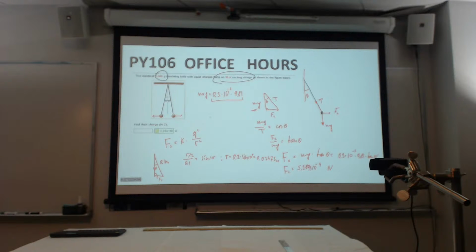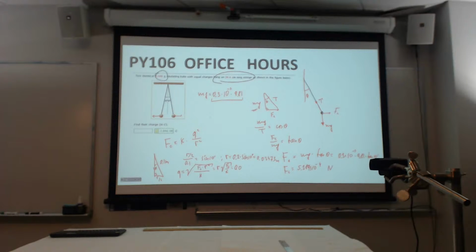So the last calculation: your charge is supposed to be equal to the square root of the force times distance squared over the constant. Actually, it could have been simplified, just R times the square root of force over constant.